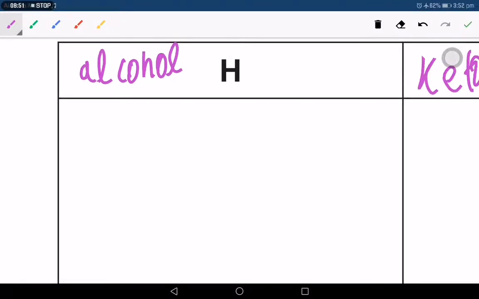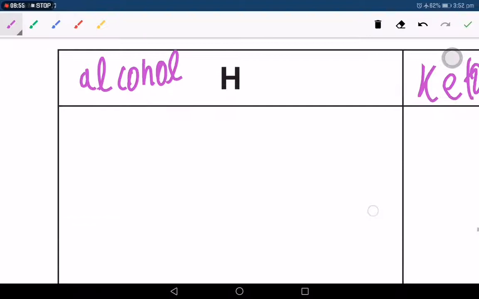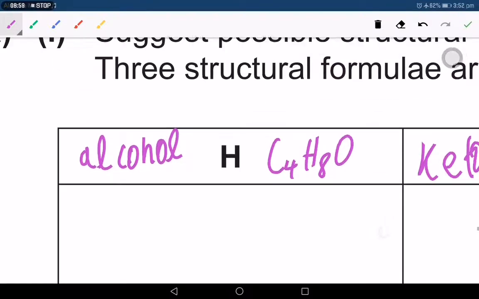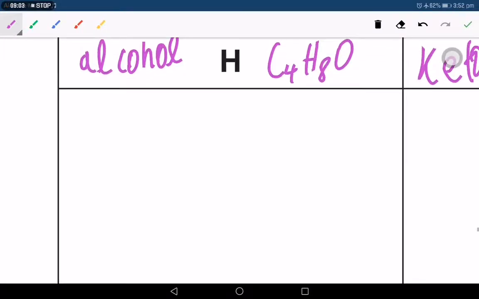So first we are drawing H, so you must notice it is C4H8O. They ask for the structural formula, so whenever they ask for a structural formula, it means that you do not show too many bonds.